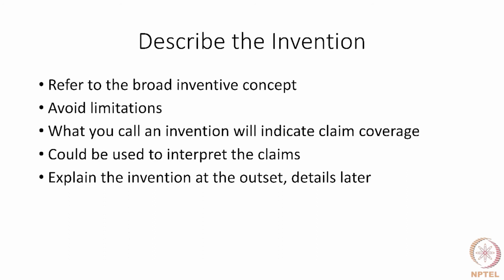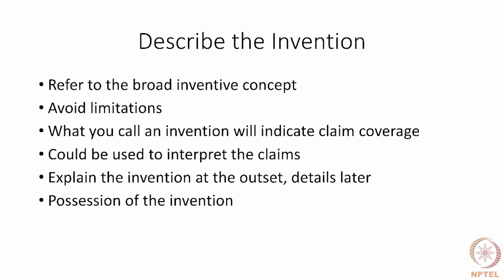And it has to explain the invention at the outset. Just how we did it in the summary part, you have to explain the invention, then follow it up with the details later. Now, there is a requirement in the patent law that you have to possess the invention. While filing a patent application, the applicant has to make certain declarations in the application. Now, in the Indian Patents Act, we do it using the Form 1.